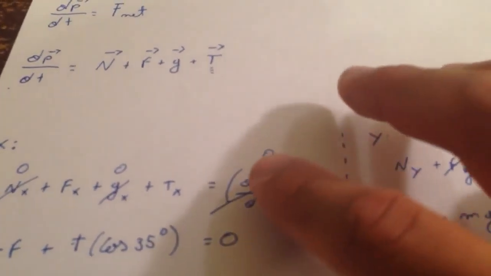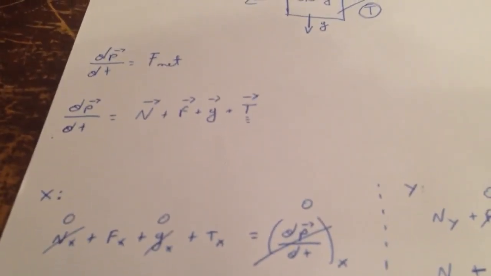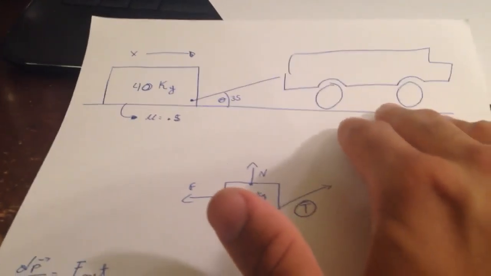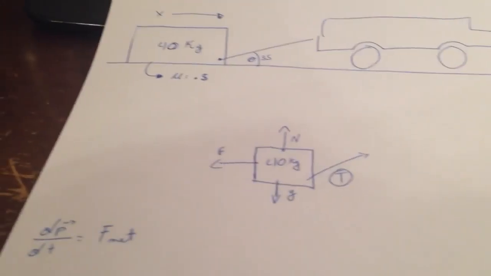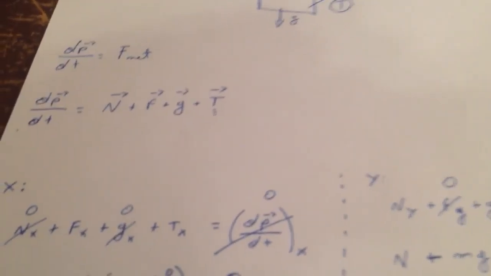And I know the change in momentum is 0, because your friend is driving the car at a constant speed. So the rate of change of momentum is 0.